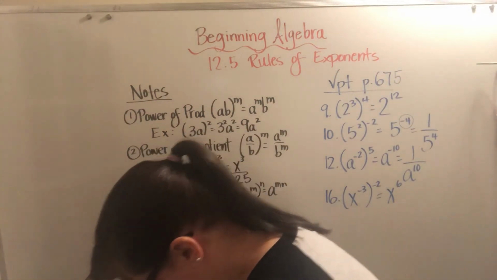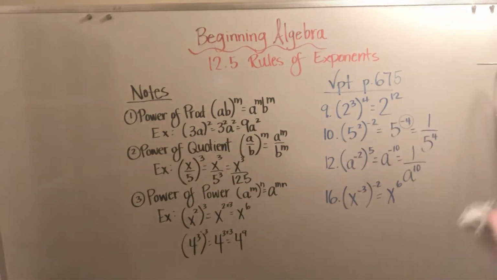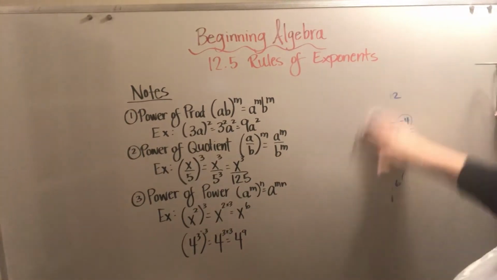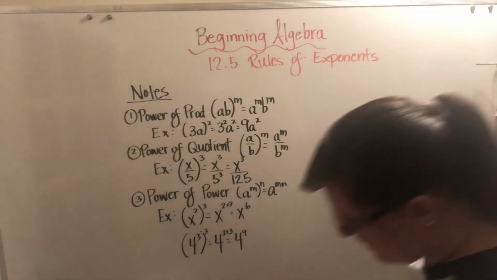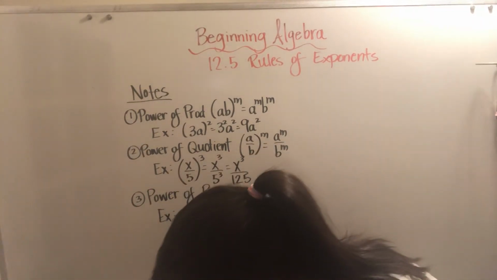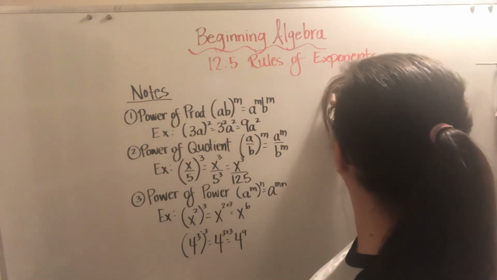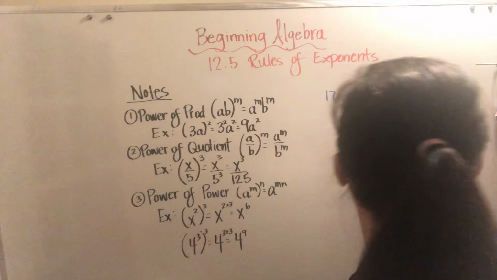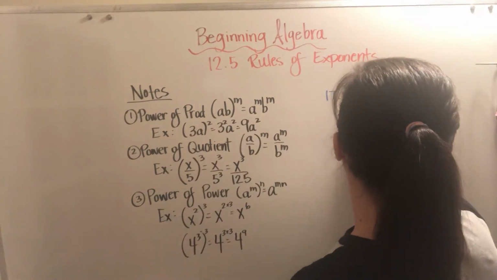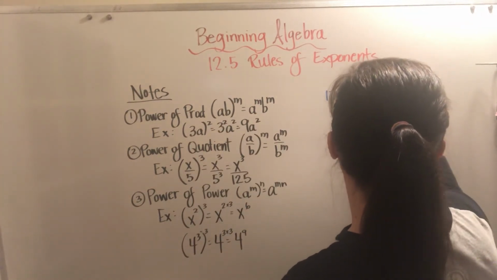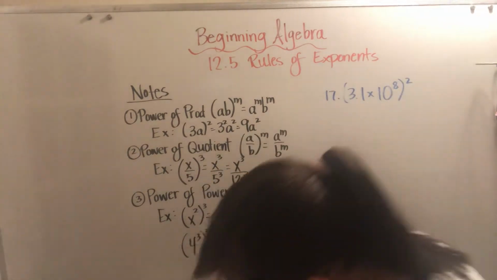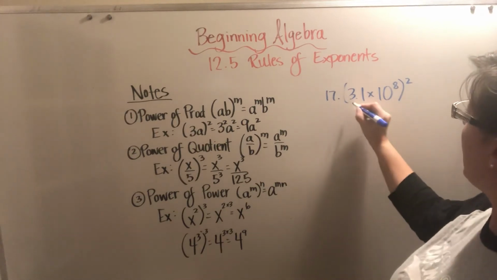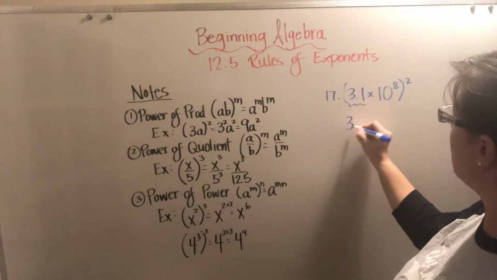Lastly, example 4 on page 676. What I want to look at there is when you have scientific notation, how do you handle that? So let's look at number 17. And you have 3.1 times 10 to the 8th squared, I believe. Yes. The best way to consider this is thinking, oh, okay, I'm going to take this and square it.